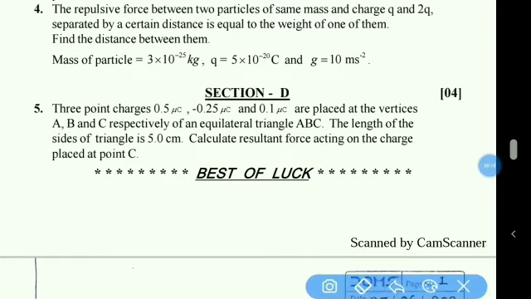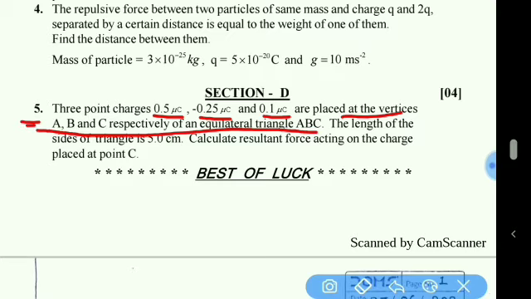Now section D. This example carries 4 marks. In this example, there are 3 charged particles given. These charged particles are placed at the vertices of an equilateral triangle ABC.